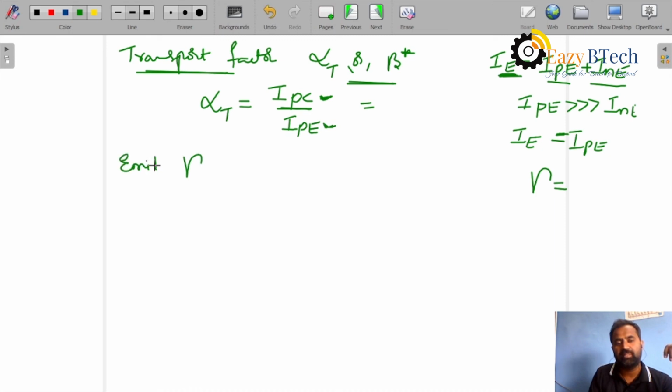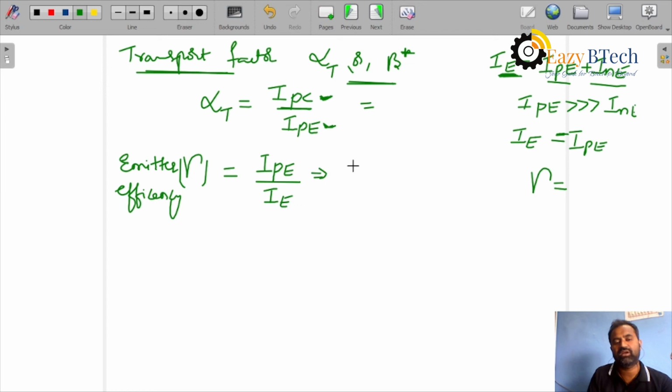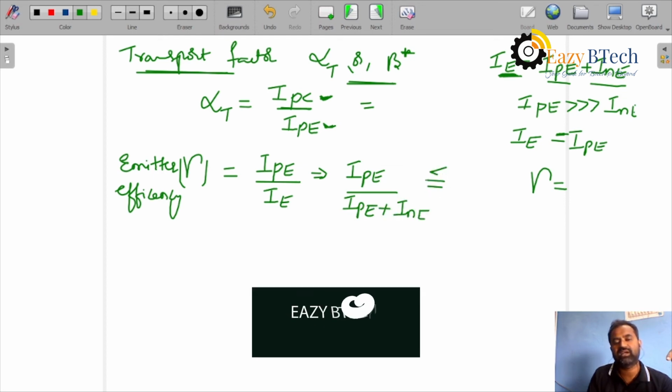Emitter efficiency is equal to the majority current entering, IPE, divided by the current across the emitter region, that is IE, where IE is nothing but IPE plus INE. Means it is slightly less than 1.